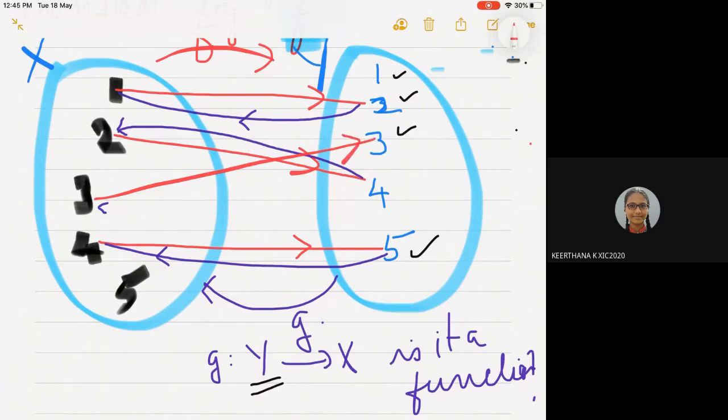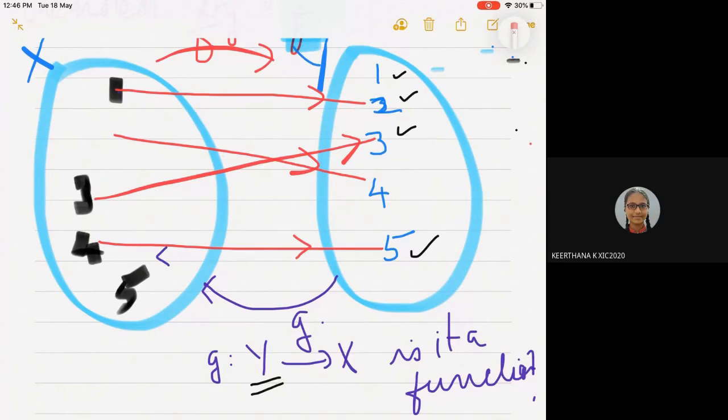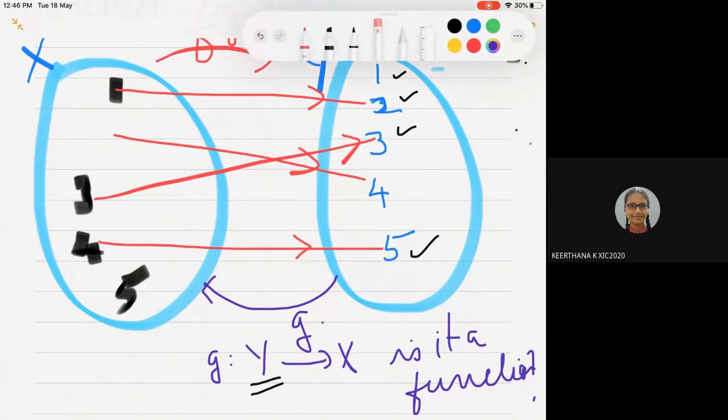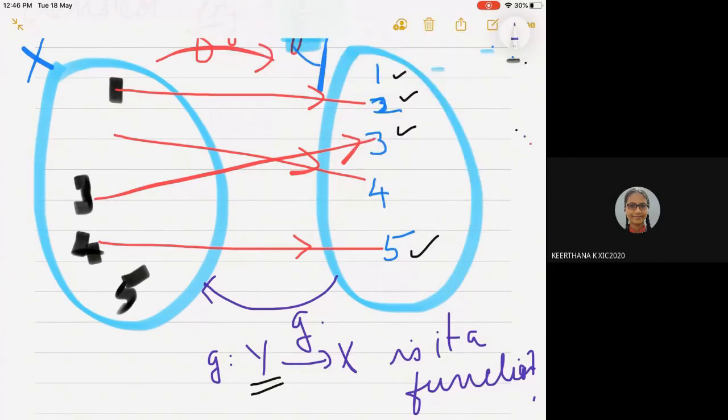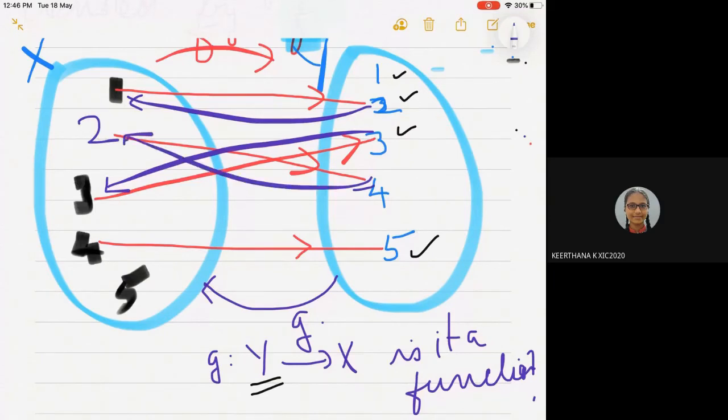So that means one problem I have solved, and the image of 4 I have to rub off, and the image of 5 also. Now if you take the inverse mapping, simply you're going back like this, 2 to 1, then 3 to 3, 4 to 2, and 5 to 4.